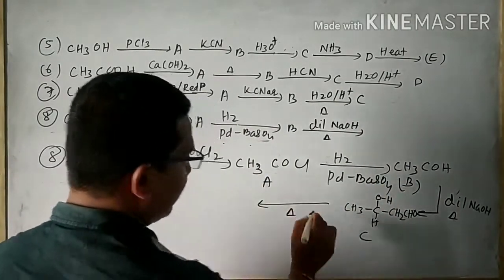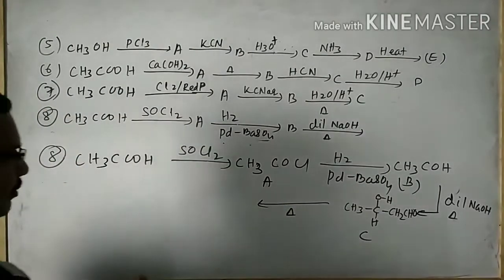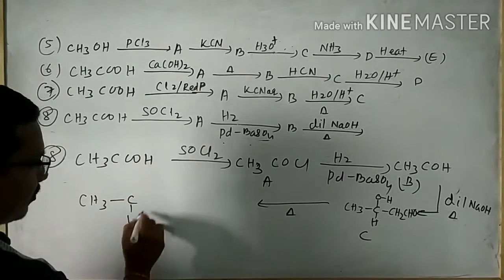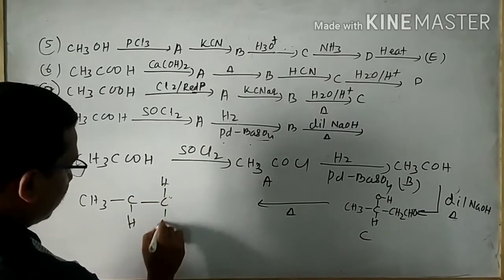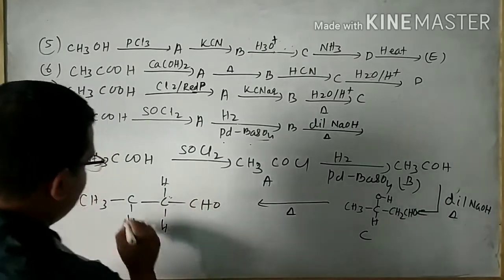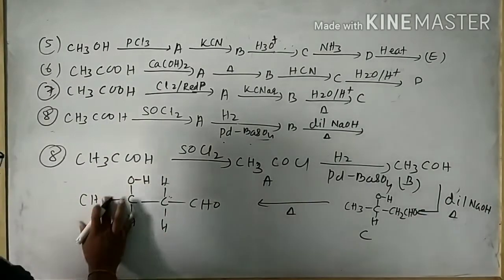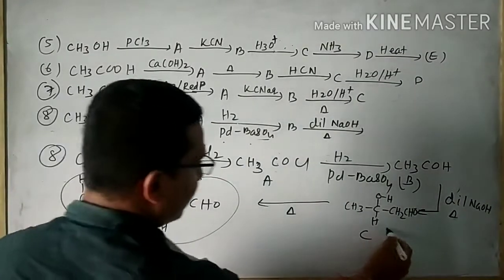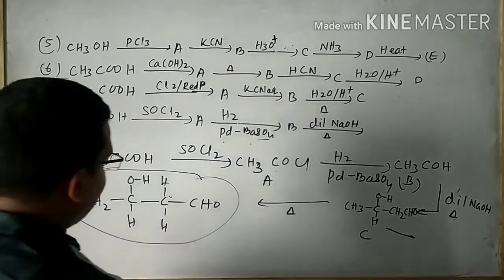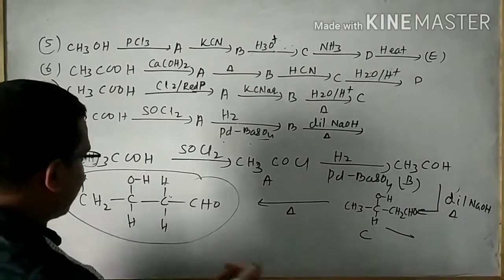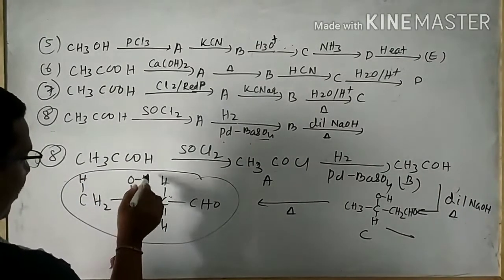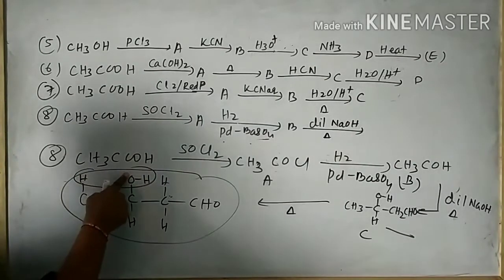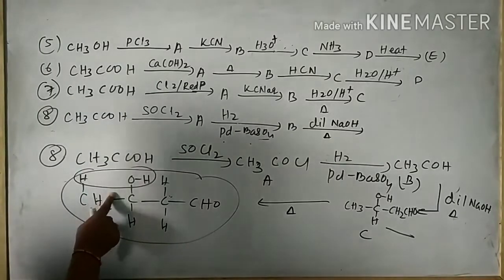Now it is subjected to heating. Subjected to heating means there is a loss of water molecule. If I lose the water molecule with the help of this hydrogen and this OH, then a double bond will be formed here.